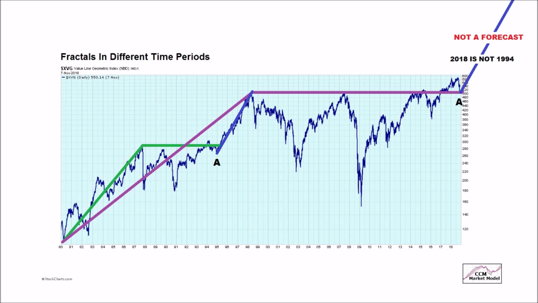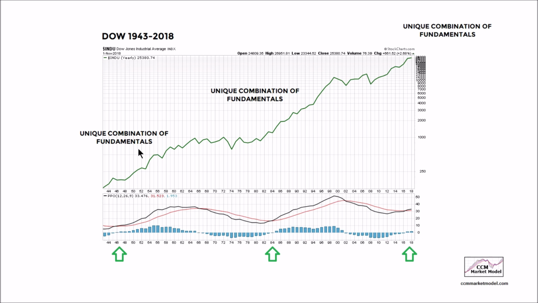Just as there was a unique combination of fundamentals during this bull run here, fundamentals that were quite a bit different than the combination of the fundamentals here in this bull run. And if this bull run continues, we have a unique combination of fundamentals in the present day. The fundamentals are different here, they're different here, and of course they're different here.